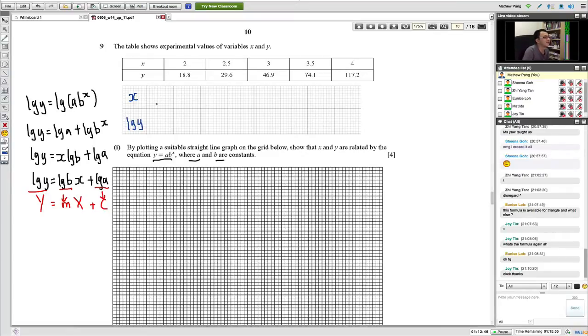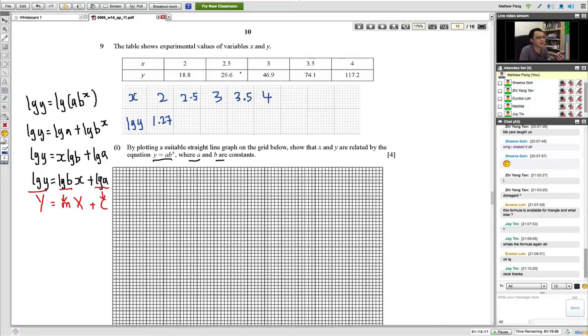So my x remains: 2.5, 3, 3.5, and 4. But the log y means I have to log this value. So I will log 18.8, and always leave in 2 decimal places: 1.27.